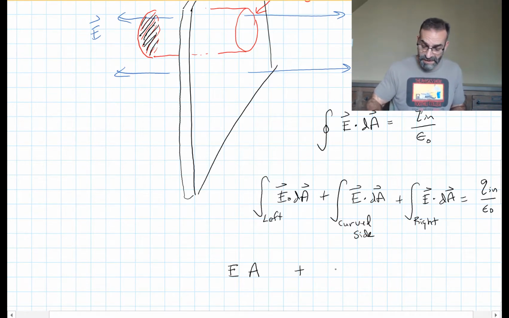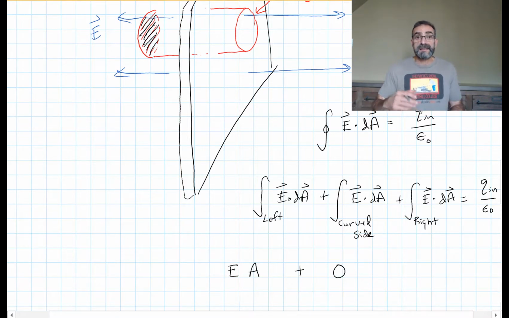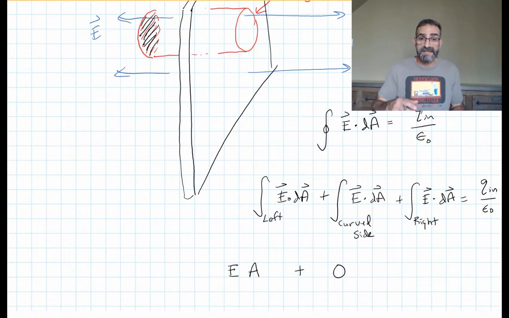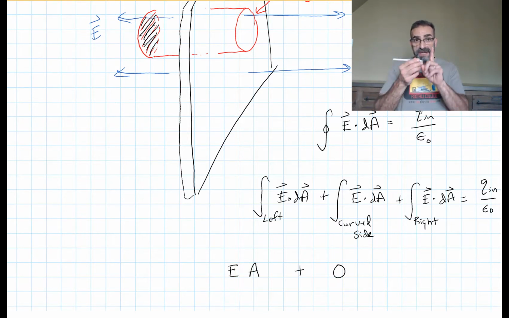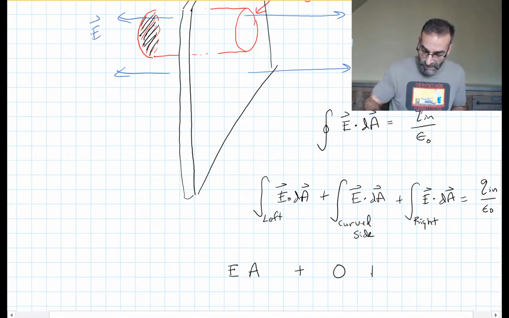The curved surface has no flux. No electric field lines penetrate that surface. Or we have a cosine of 90 degrees, if you want to think of it that way, because our electric field is parallel to the surface, but the area vector is perpendicular to the surface, so we get a cosine of 90 degrees, which gives us 0.